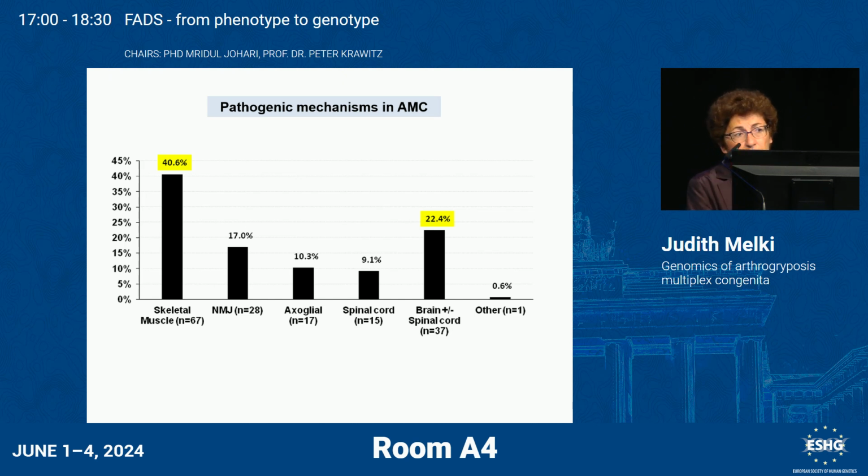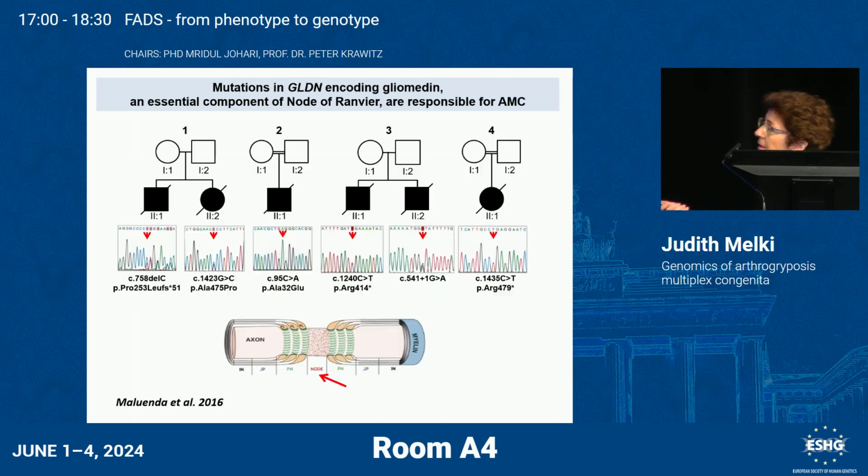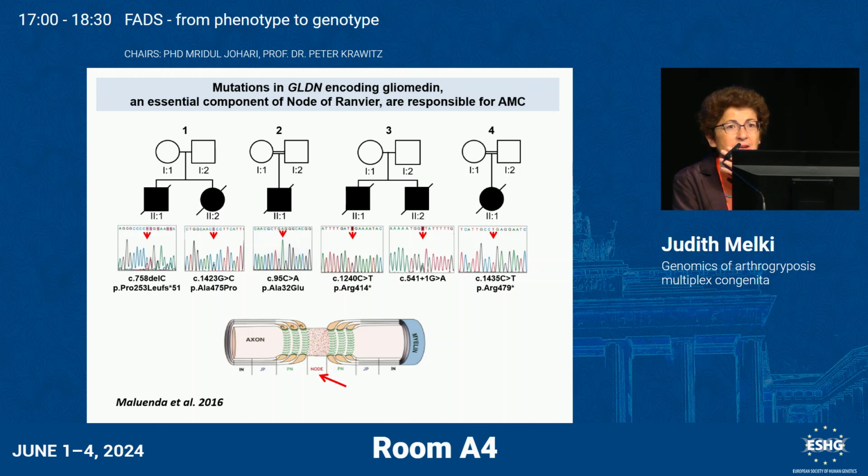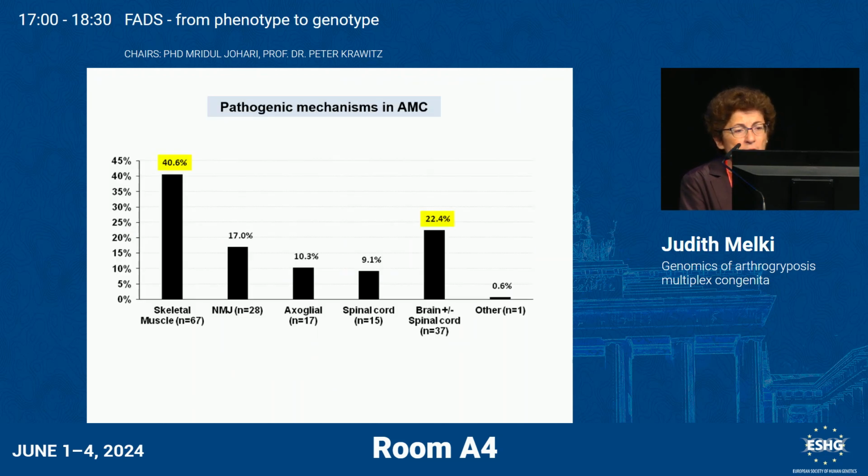And this is important because for skeletal muscle, you may have a very good and efficient rehabilitation. When you have brain involvement, it could be different because you have intellectual disability, and so the prognosis is a little bit different.